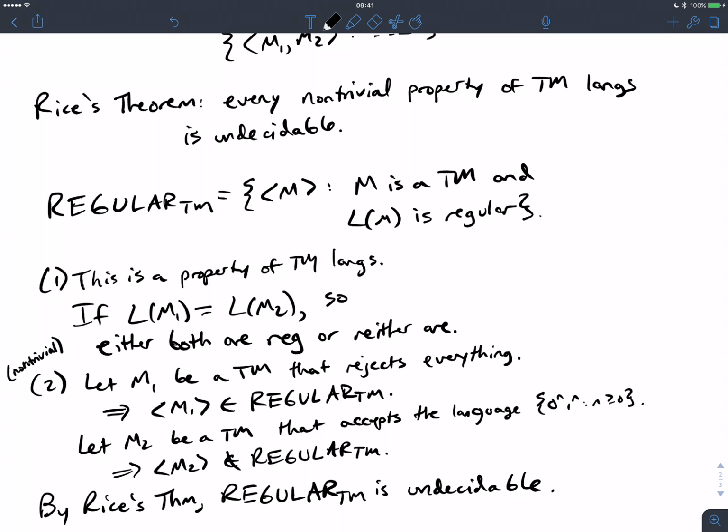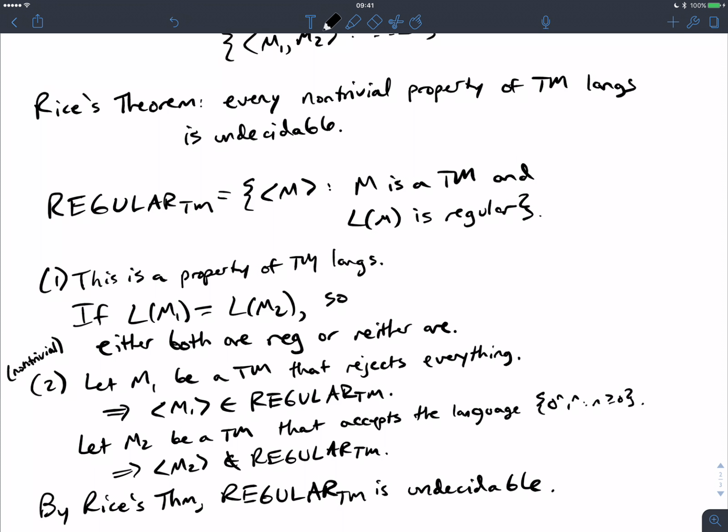So basically, all this is saying is as long as you can find any machine, doesn't matter what it is, whose description is in the language, in this case regular TM, and another one that isn't. Okay, so then how is M2 in a language? M2 is not.